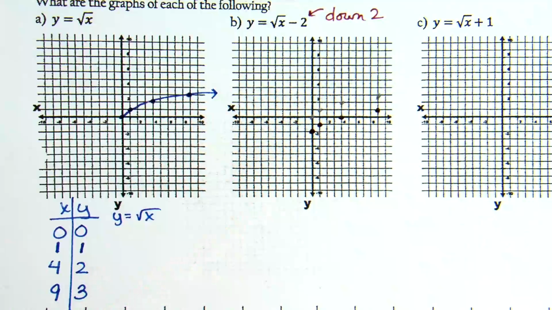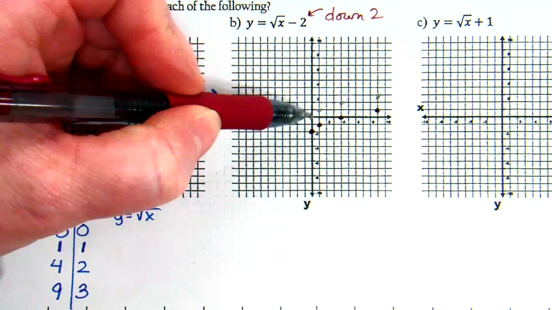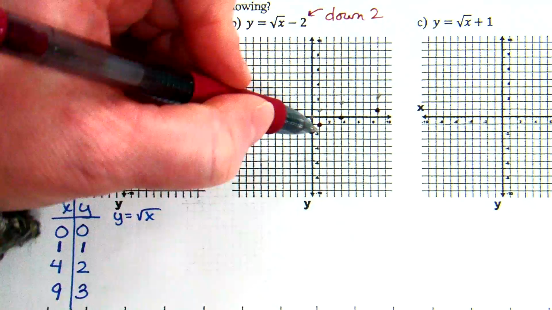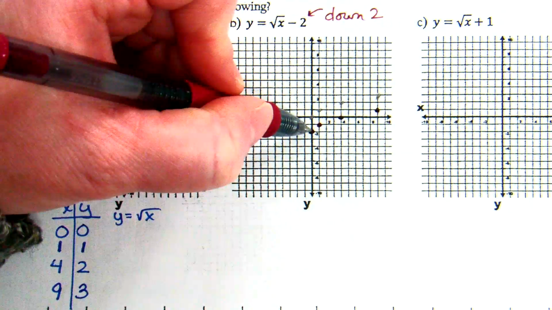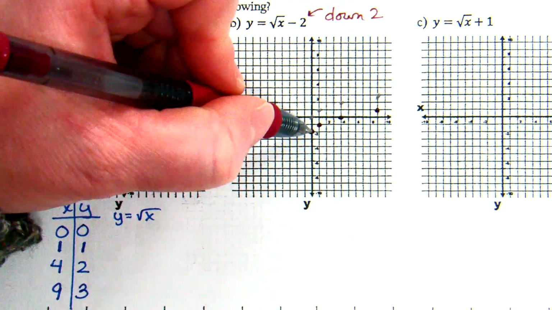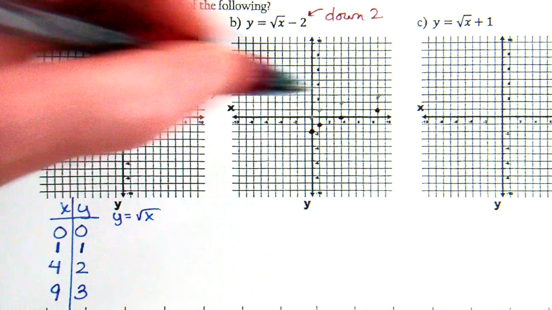I don't know which one's easier for you guys to process through. One option is to move each dot just down 2 places. However, if you don't want to draw both sets of dots in, my other option is once I move my vertex down, from there, know how that XY chart works. That it goes over 1 up 1, over 4 up 2, over 9 up 3.